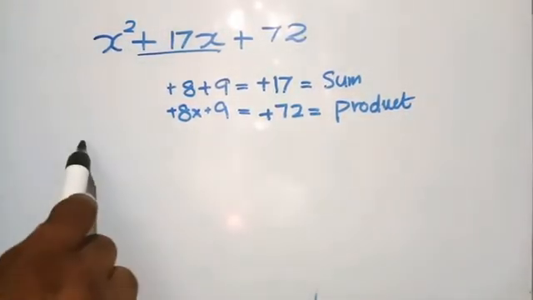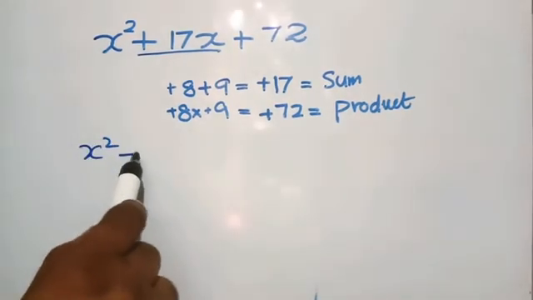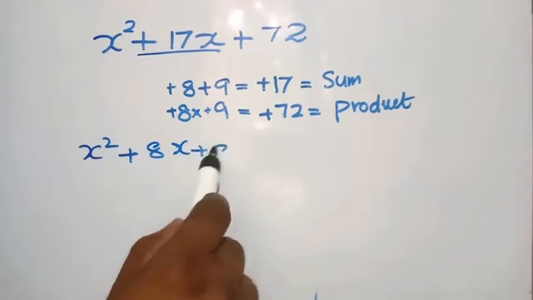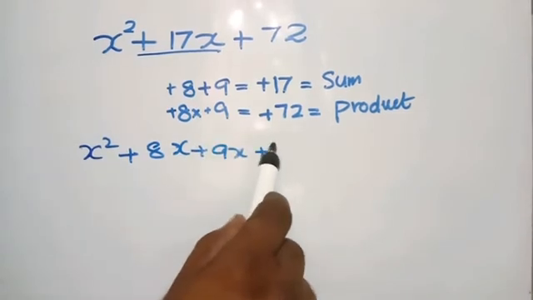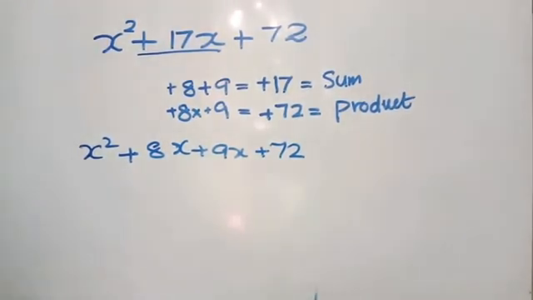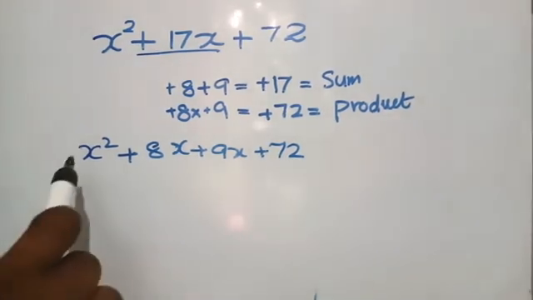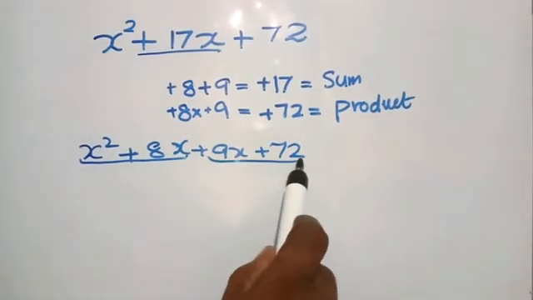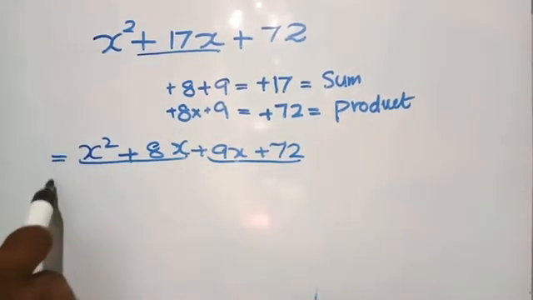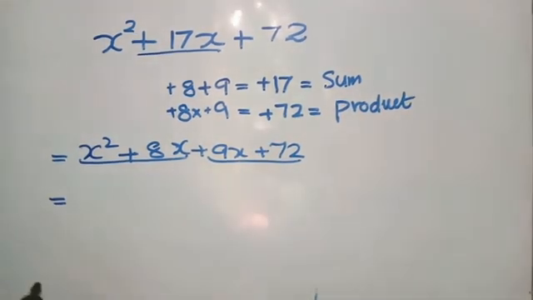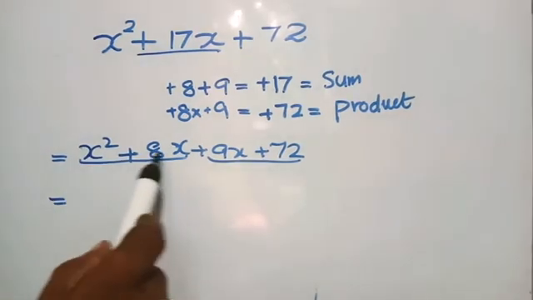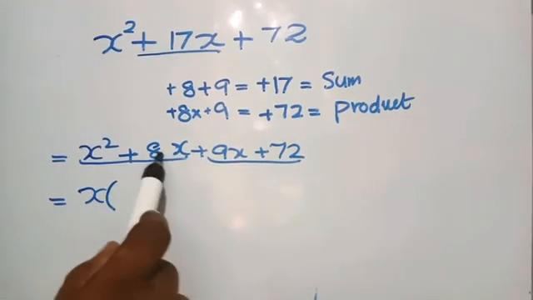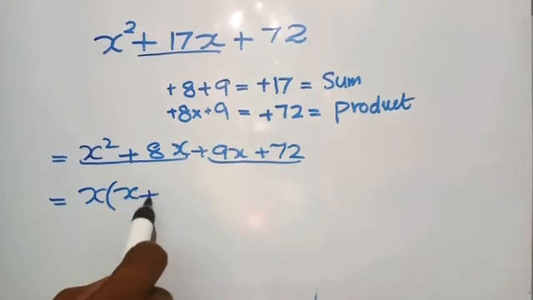So x squared plus 17x plus 72 can be written as x squared plus 8x plus 9x plus 72. When you make the groups, this is the first group and this is the second group. In the first group, x is common, so remaining in the bracket is x plus 8.